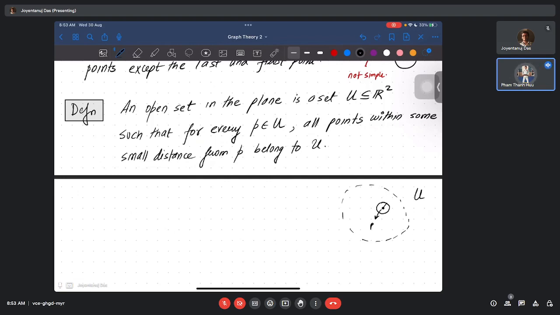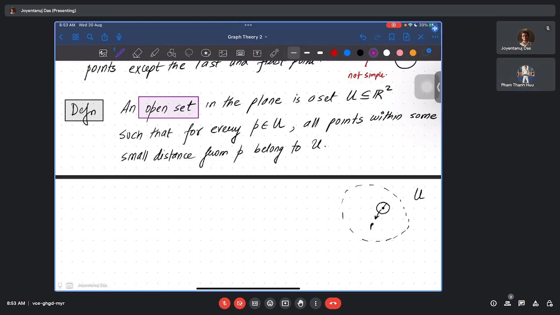In a closed set, for some points we also have a point within some small distance. But it has to be true for every point. It should work, right? But in a closed set, that is not the case.